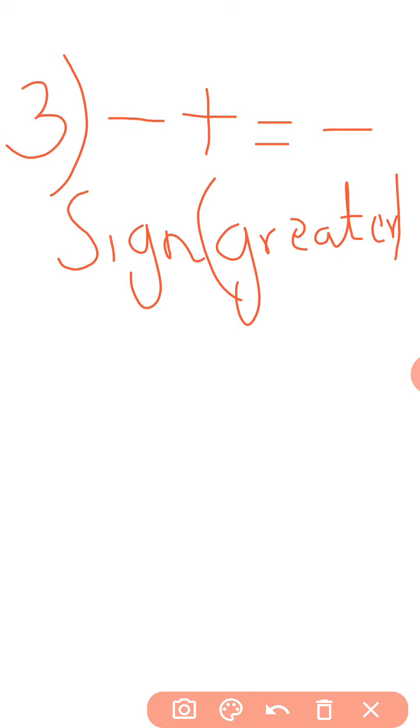I will show you one example here. Minus 11 plus 20. Both the numbers are having opposite signs, one with negative, other with positive. So 20 minus 11 is equal to 9.